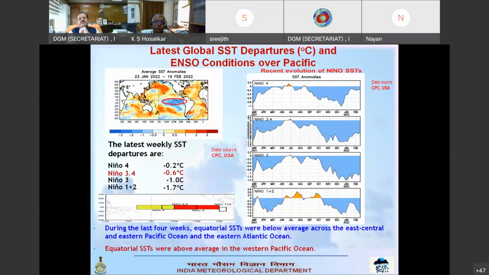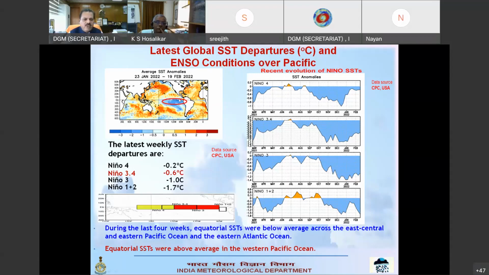Now, if you just look at the global circulation features and accordingly the sea surface temperature departures and El Nino and Southern Oscillation conditions over the Pacific, at present, as seen in this diagram, you can find this ellipse shown in red color that indicates the East Equatorial Pacific. And this East Equatorial Pacific is colder than the normal sea surface temperature, as compared to the West Pacific, which is warmer.